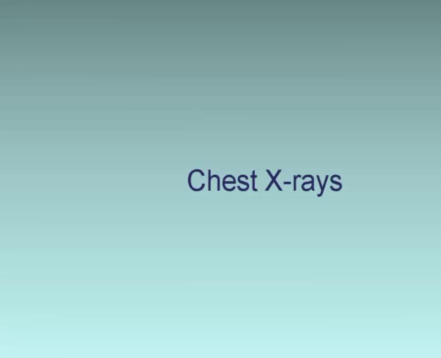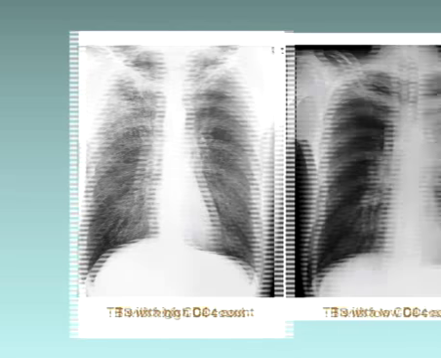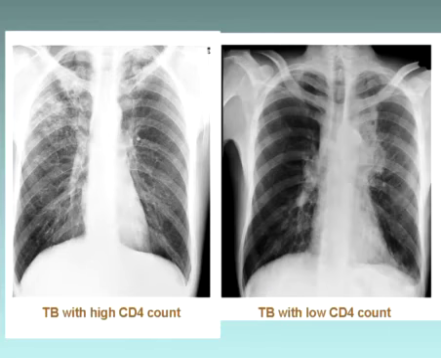So I just wanted to end with a few X-rays of TB and of things that may look like TB. So this is a patient with TB and a high CD4 count. As I said, TB in a patient with a high CD4 count is most commonly reactivated disease, upper lobe disease, like in this patient.